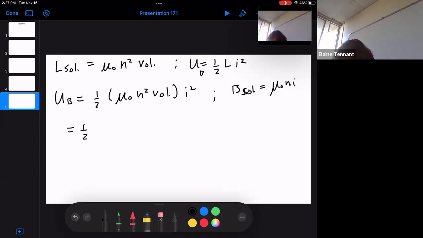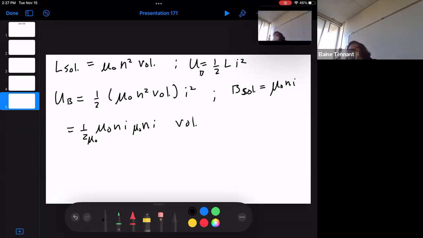Because I have a mu naught n I, and then I have another n I, and I have a volume at the end of that. And if I just had another mu naught, this would be really nice. And so why not? I'll put a mu naught right there, and a mu naught right there.